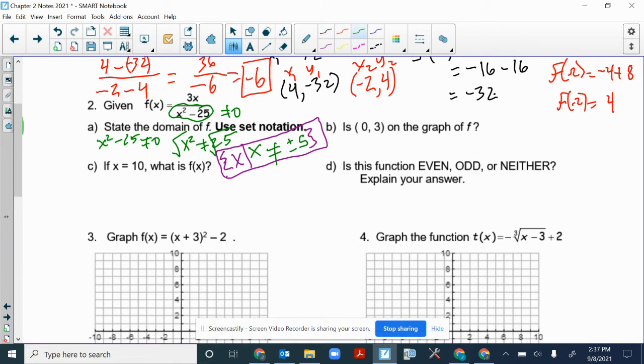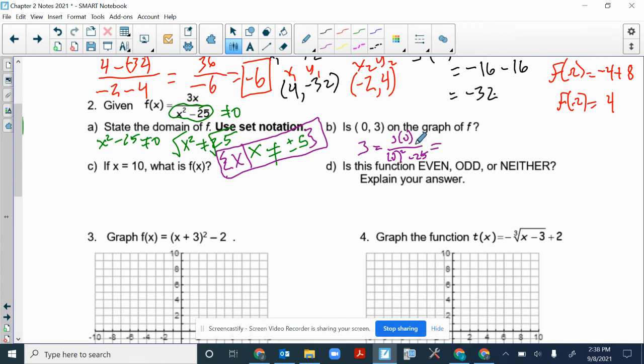All right, for part B, if you are ever asked if a point is on the graph, you just go ahead and substitute it in and see if you get a true statement. So 3 is our y, 0 is our x. So wherever I see an x, I'm putting 0. Where I had f of x, I put my 3. And now I simplify it.